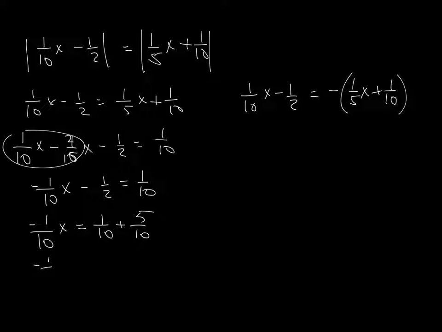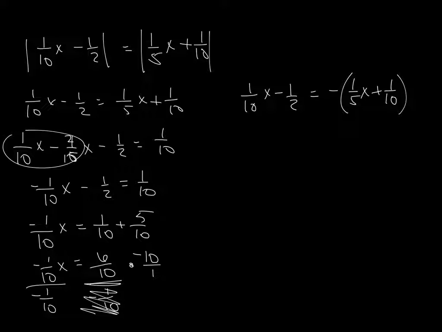So -1/10 x equals 6/10. We divide by -1/10, which means invert and multiply. And that goes away, and that goes away. And that gives me x equals -60/10, or -6.